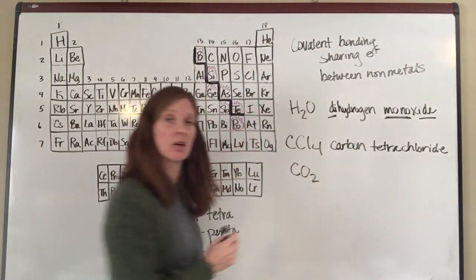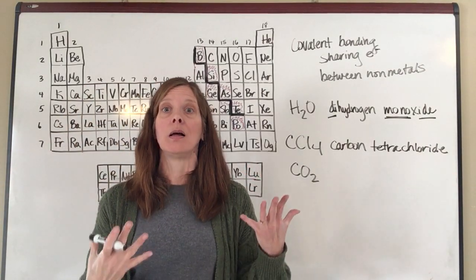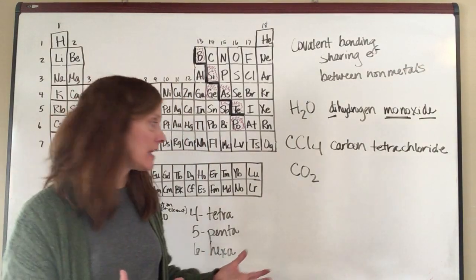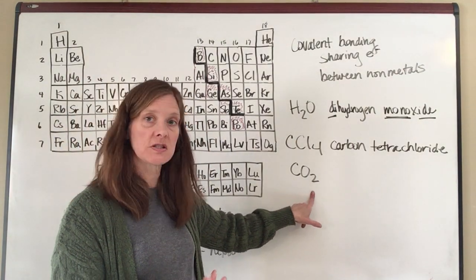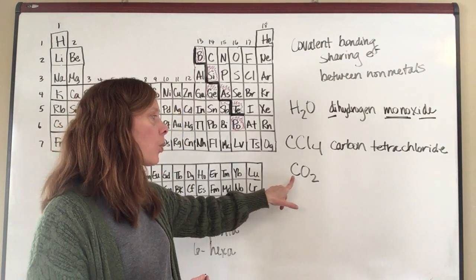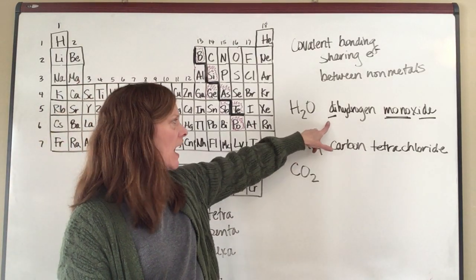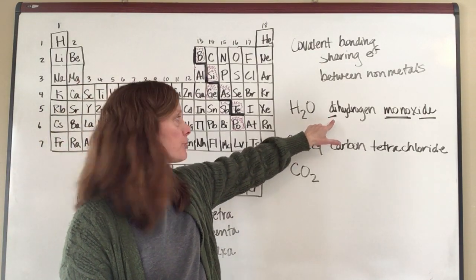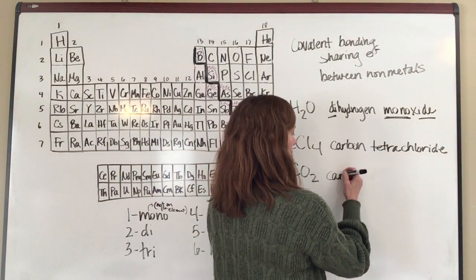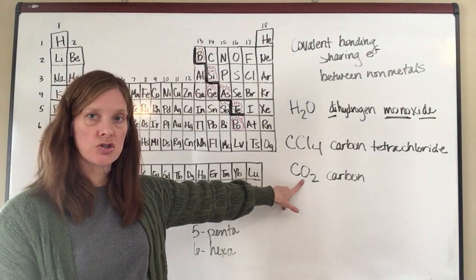How about something that looks like this? Now this one might actually look familiar to you because we inhale oxygen, we exhale what? Carbon dioxide. Well, where did that name come from? Well, CO2 is the formula. Carbon, remember I said if you just have 1 at the beginning, I don't have to use mono in front of it. If I have 2, or if I have 3 of them, then you have to use a prefix. But if you just have 1, you can just use the name of the first element. That doesn't work for the second one. Okay, now how many oxygens do I have?